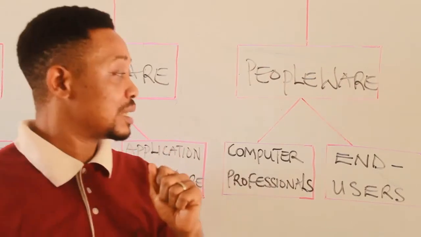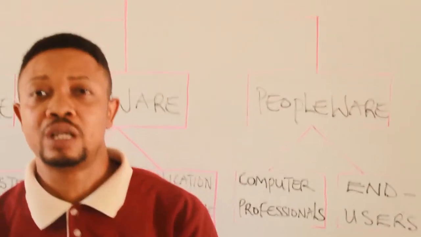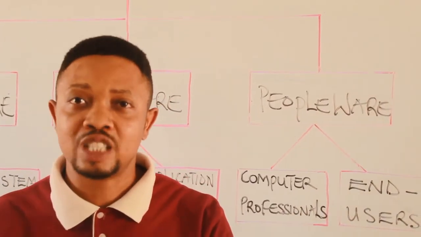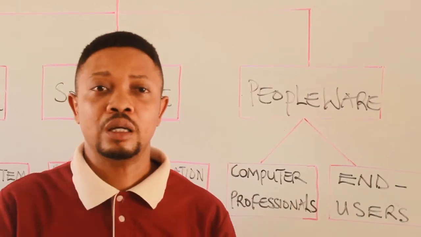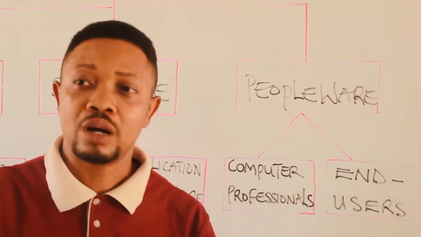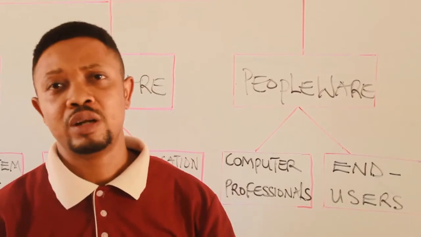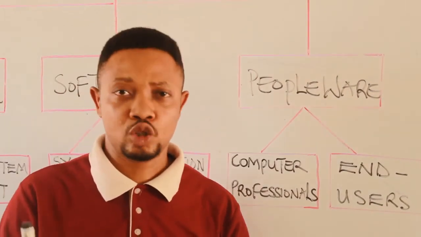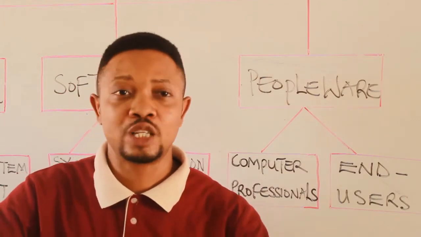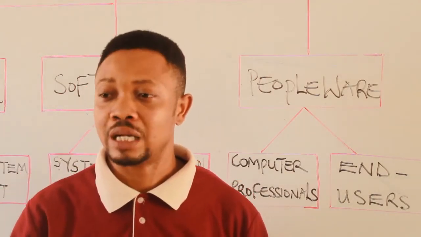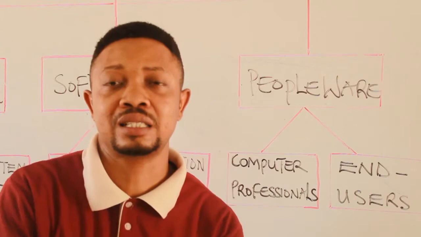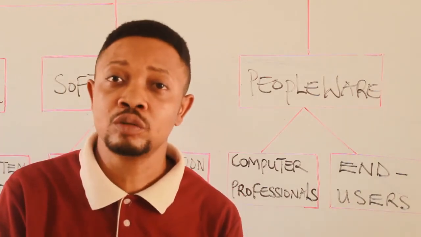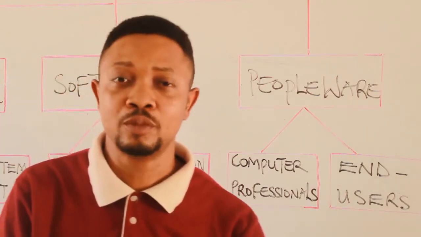Another example of a computer professional is a network administrator. What is the job function of this particular professional? His job function is to set up networks to ensure that computers are interlinked and can share information from one system to another.